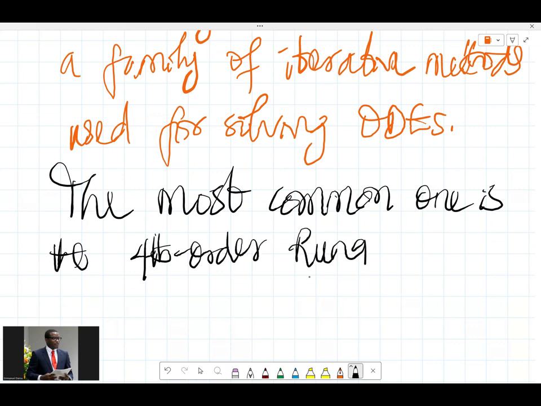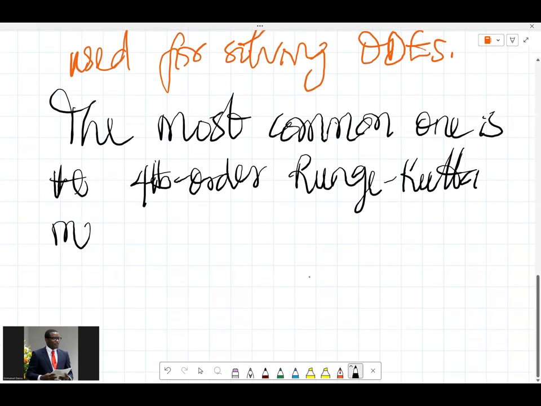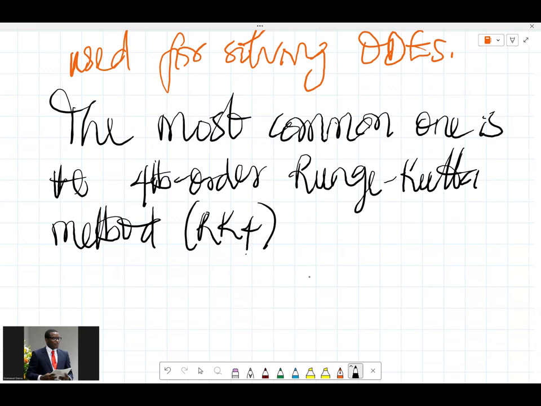Runge-Kutta method, also known as RK4, fourth order, right?